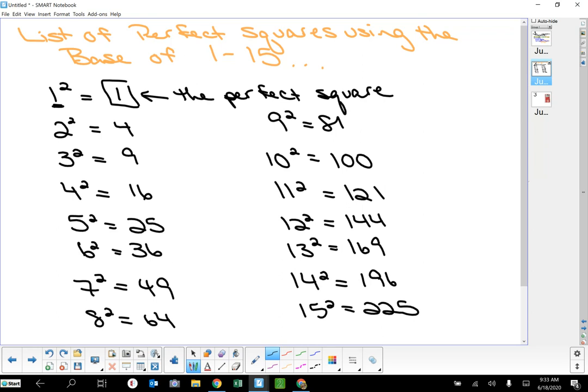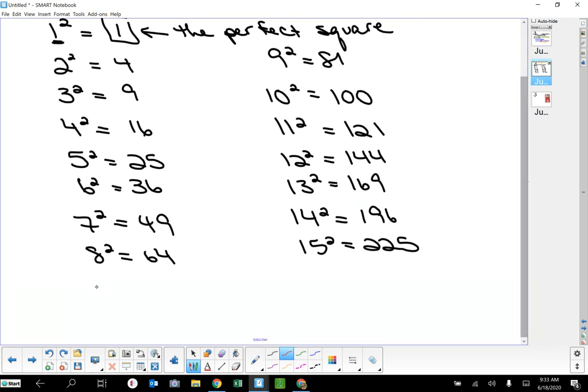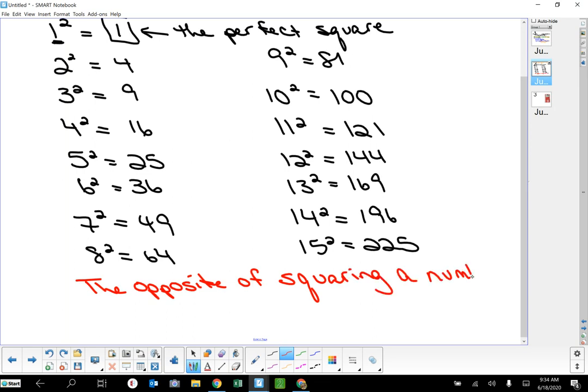And I also want to just point out how to do a perfect square, well, perfect square is easy, but then the opposite of squaring something is taking the root. So it's taking the square root that I want to know that you can do.